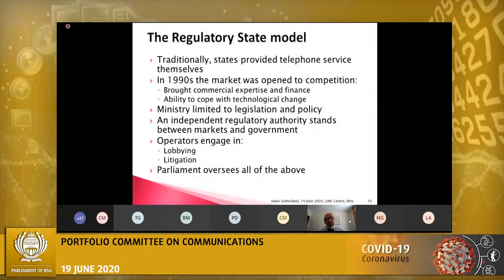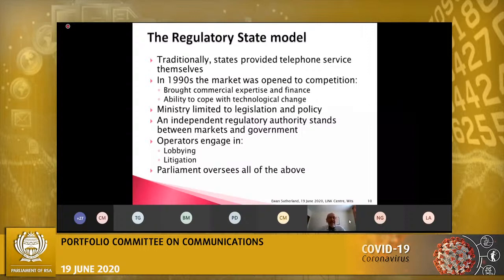And that was common in nearly all parts of the world. The exceptions would be Spain, the United States, and Chile, I think. The typical model was the state itself provided such service as there was. Then we move into a world where we start opening it to competition, and that moves government and parliament into what is called a regulatory state model.